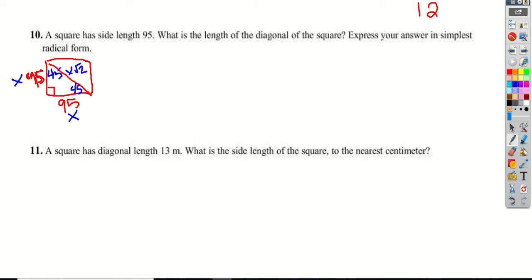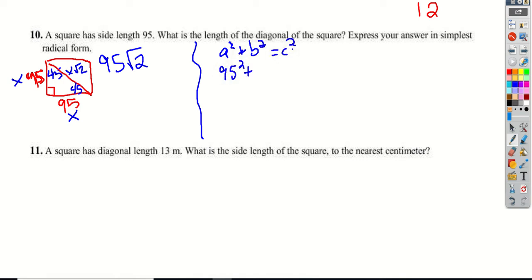So now I know that the diagonal has a length of 95 radical 2. Now there's a second option, which is I can use the Pythagorean theorem. So a squared plus b squared equals c squared. Now a and b are the legs here, okay? So that's going to be 95.